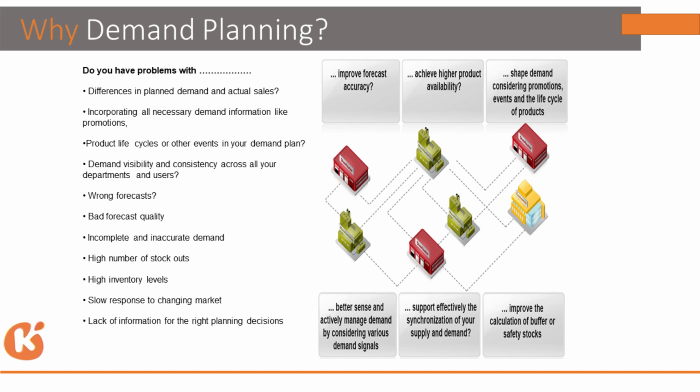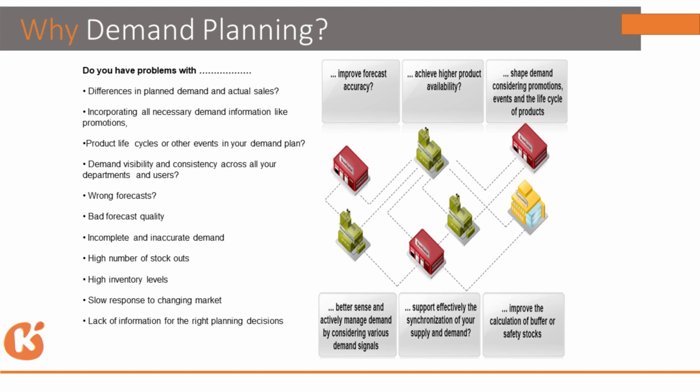Normally the companies face wrong forecasting values and bad forecast quality, where sales and actuals differ. That means maintaining high inventory levels: my forecast is 1,000 but actual sales is 500, so I am maintaining 500 excess stock, like 50% excess inventory.